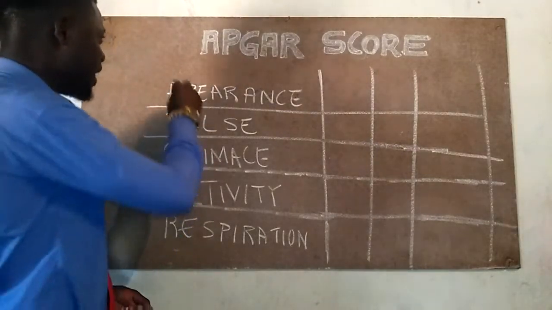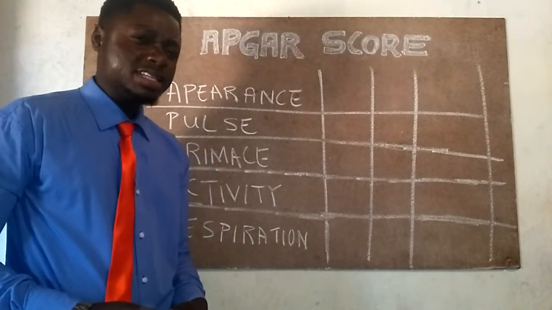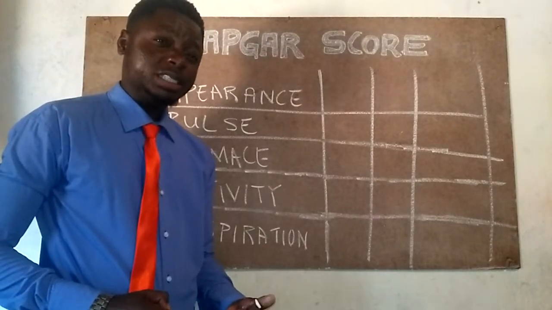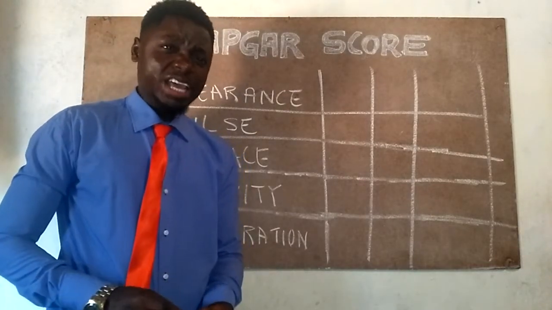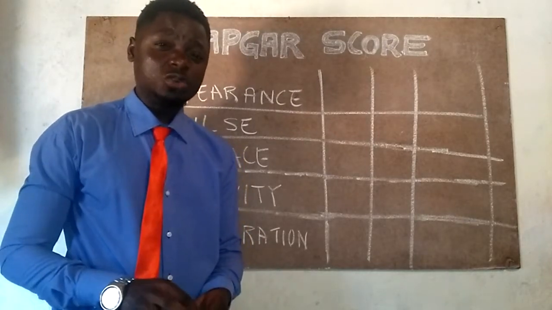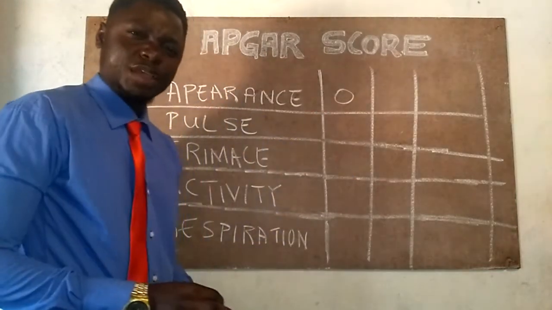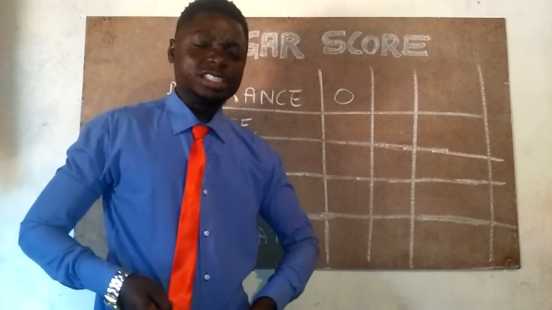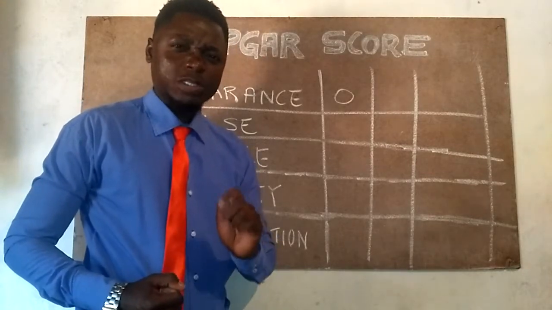So what happens in appearance? We look at the baby, and the baby is supposed to be pink all over the body. That is the color of the baby. But if the baby is blue or cyanosed all over the body, that is going to be a 0 score. But if the baby tends to be pink on the body, but blue on the extremities, that is what we call acrocyanosis.